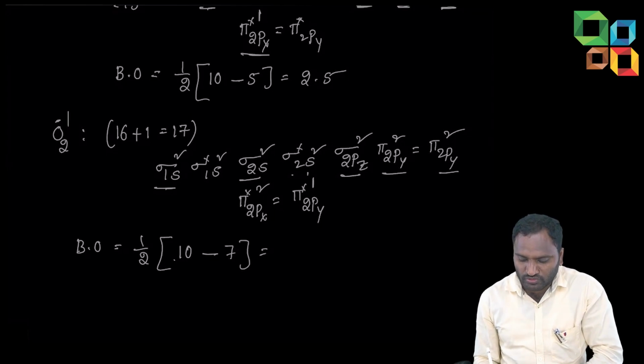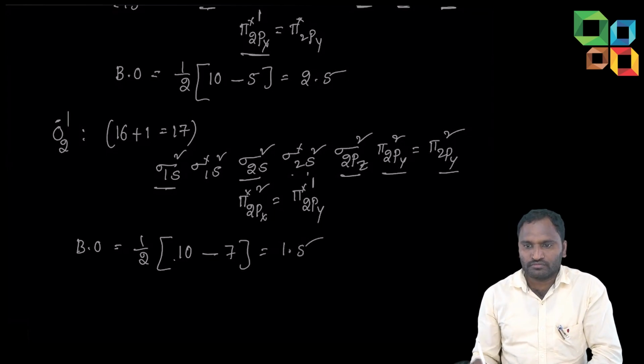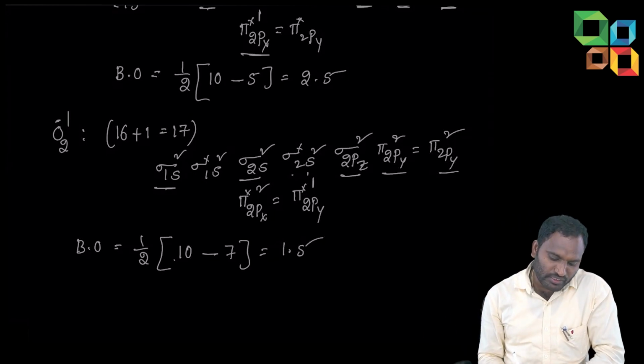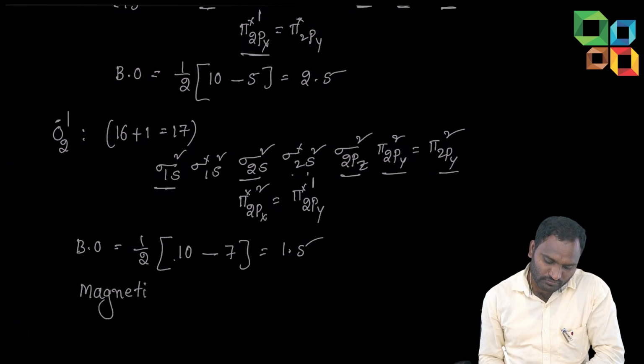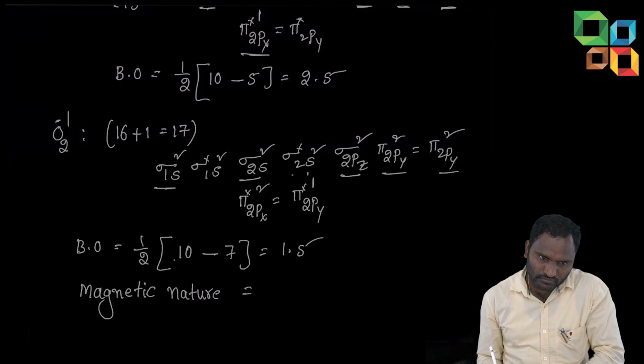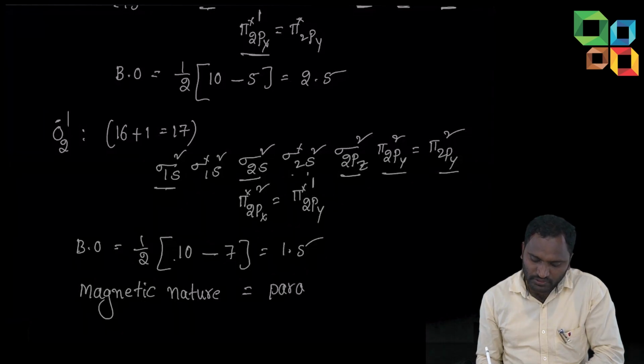So 3 by 2, no? 1.5 is the bond order. Is it paramagnetic or diamagnetic? Paramagnetic, since unpaired electron is there.